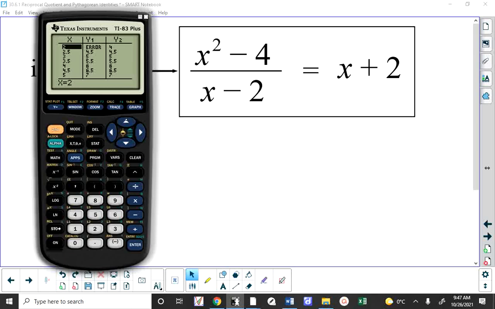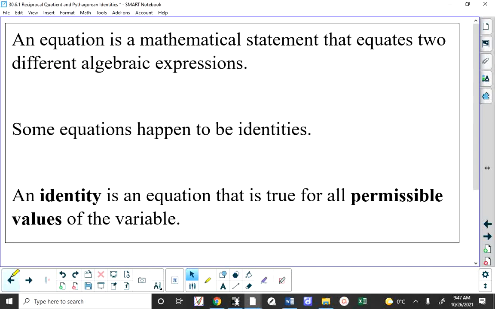But I hope you agree error is not the same as 4. It's still an identity. As long as it's left side equals right side where they're both defined, then it's an identity. And that's why I've said for all permissible values of x. If there's a value of x that makes one side not defined, it's still an identity.